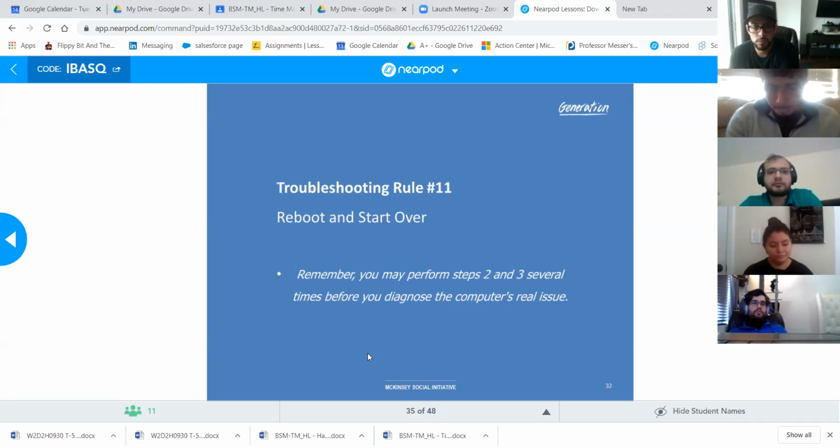We should have it in the form, hopefully, Andy. Steps 2 and 3, not rules 2 and 3, steps 2 and 3. Establish your priorities, number 2, and be aware of user error, number 3. Are those rules or steps? Didn't you say steps? Examine the system and develop a theory and then test your theory. Those are the steps.